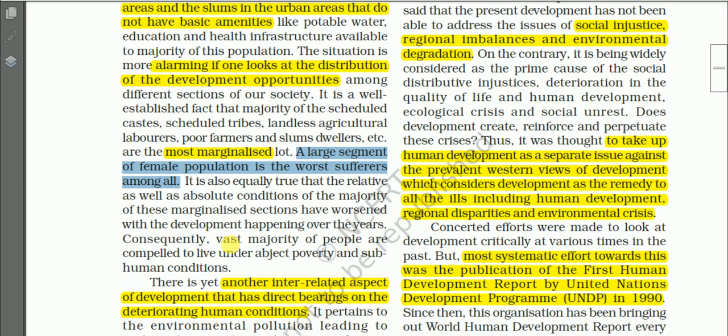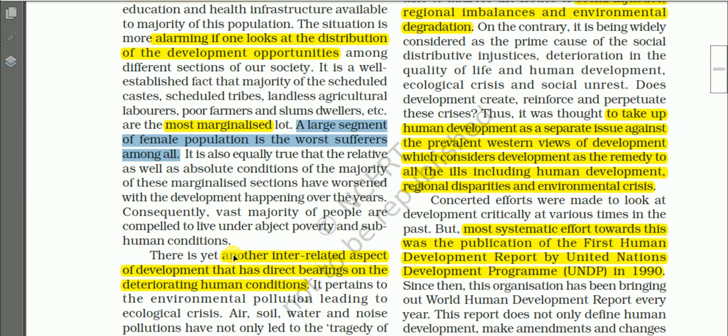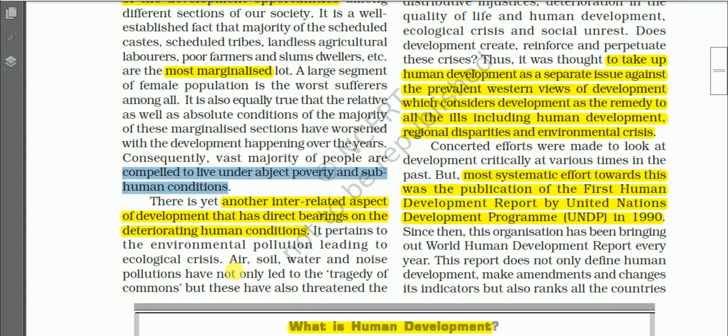Consequently, a vast majority of people are compelled to live under abject poverty and subhuman conditions. That means poor. Abject poverty and subhuman condition means the standard of living is very low for a large section of people in India.